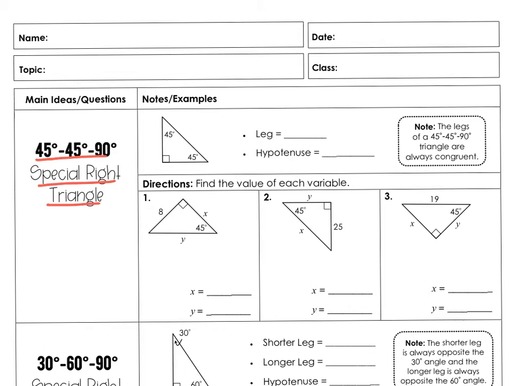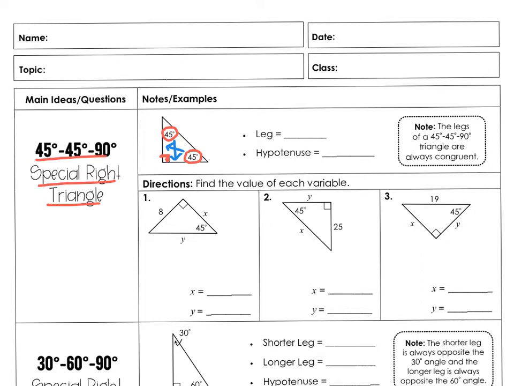In a 45, 45, 90 triangle, you should notice it's a right triangle because it has a 90-degree angle. In these special right triangles, it gives us side lengths based on what these angles are. Those 2 angles are the same, they're both 45, they're congruent, which means their side lengths are also going to be the same, or their leg lengths, the corresponding ones that are opposite them.